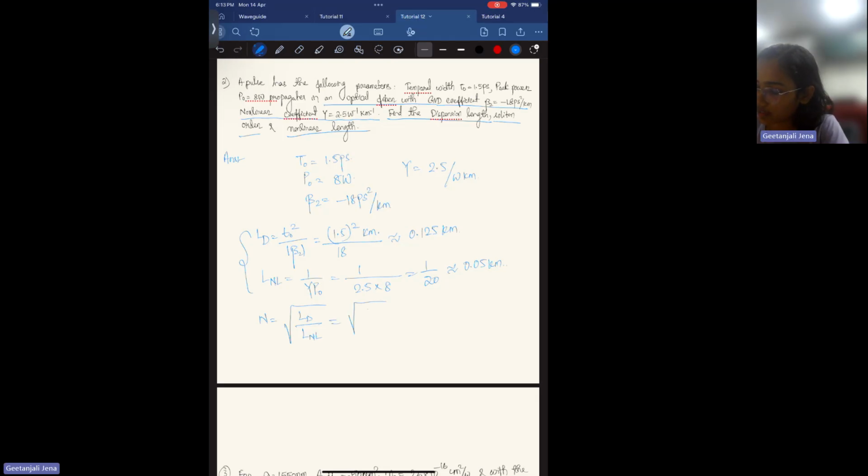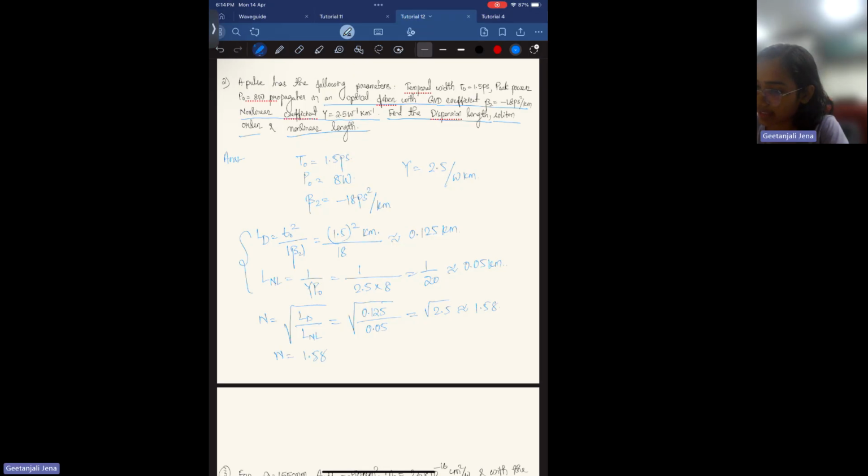LD is 0.125 kilometer, and LNL is 0.05 kilometer. So this will be the square root of 2.5, which will be around 1.58. So the soliton order for this case is 1.58.